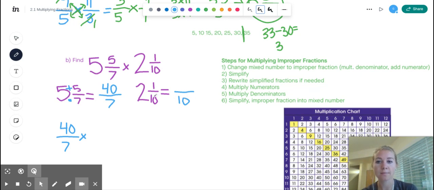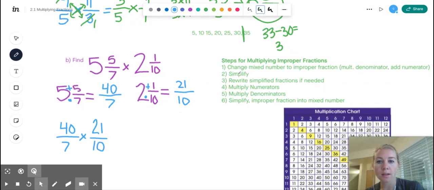Denominators don't change. Okay, then we're going to multiply the denominator and add the numerator. So 2 times 10 is 20, plus 1 is 21. So now we have 21/10. And let's write that down below. And here's our improper fractions that we will be multiplying.